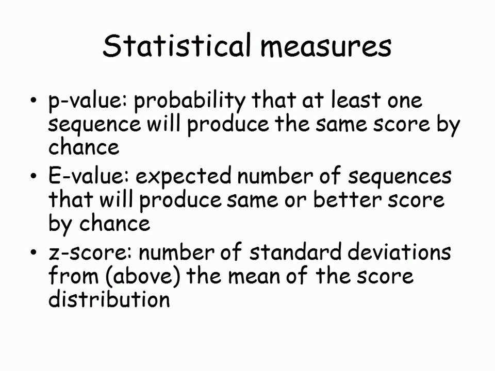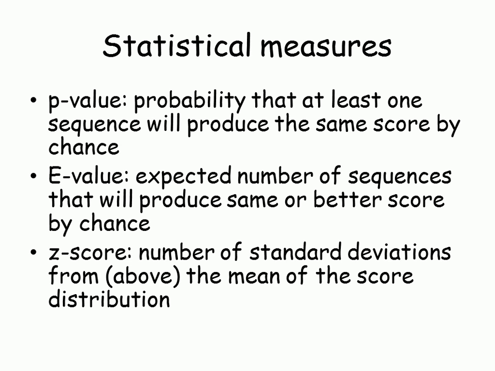There are several statistical measures that you will need to know. P-value, you should all know from your statistics courses. That is the probability that at least one sequence will produce the same score by chance. The smaller the p-value, the higher the statistical significance. E-value is the expected number of sequences that will produce at least the same score.